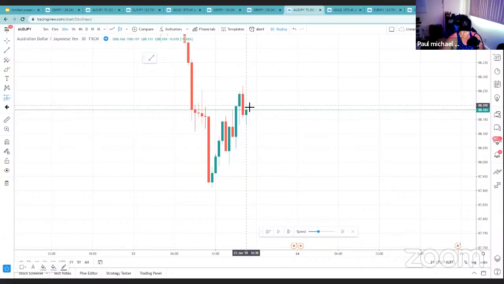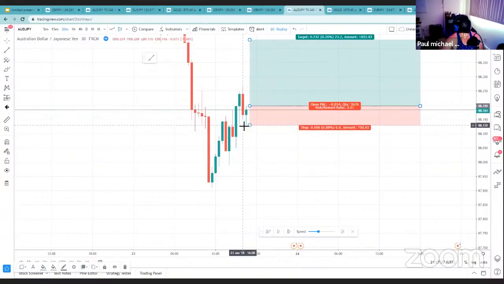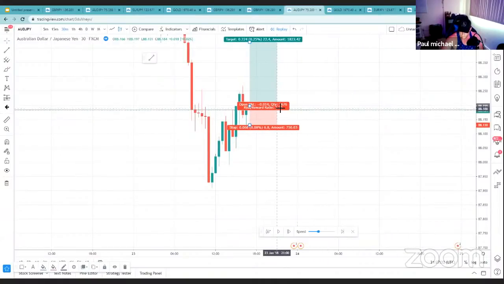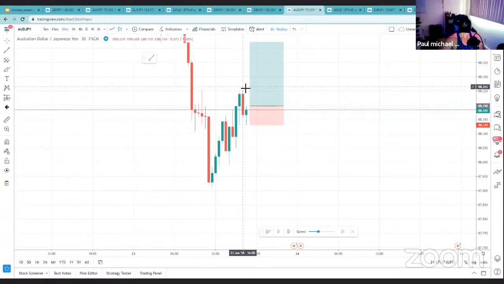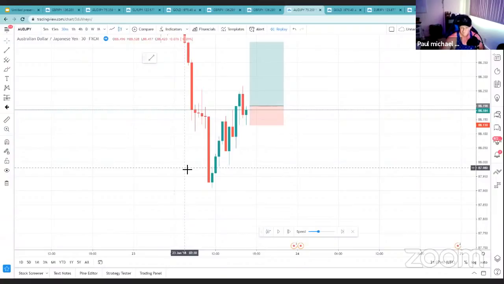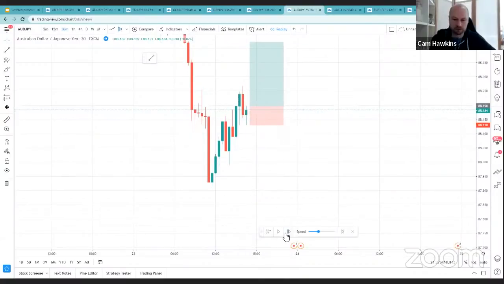I don't know what the hourly looks like, but based on the 30-minute, if this is Asian session, and we get above here, see if we continue up. Okay. And if it gets above here, then it'll be break even. Let's see if that's support and takes us up with a higher high and a higher low. Okay, so you're 430. Okay, so that's right. Let's do it.